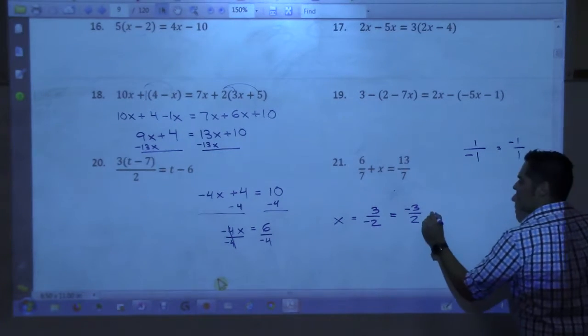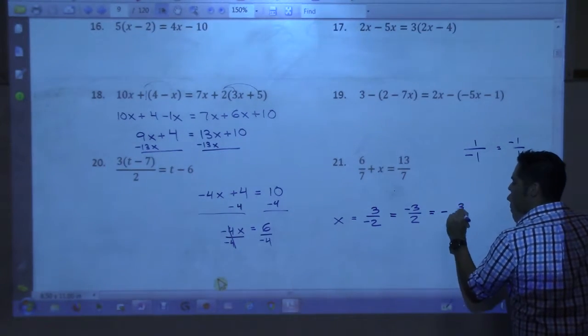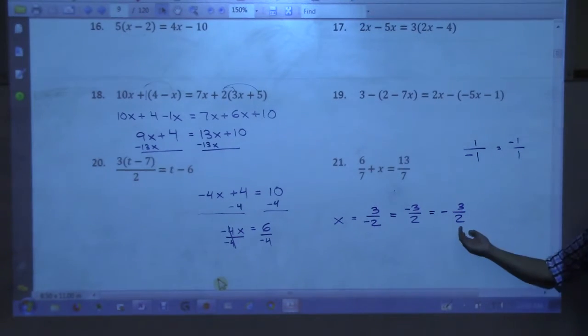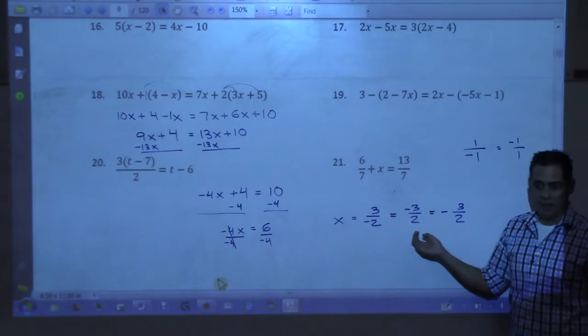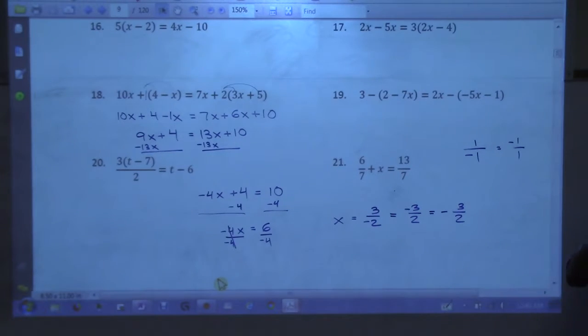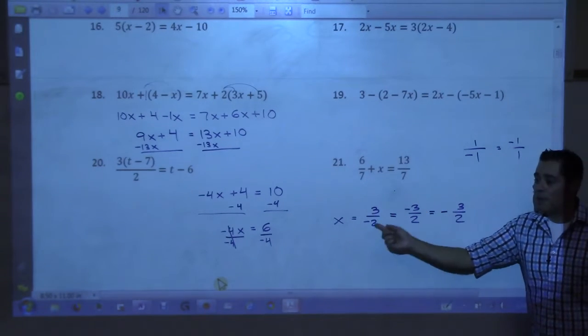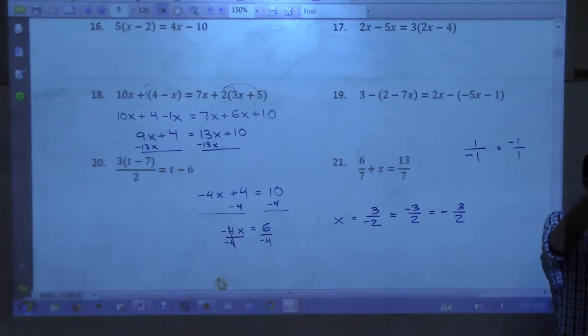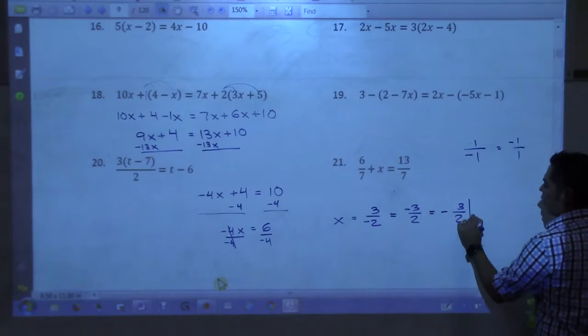And in fact, you can put your negative out in front of the fraction, and all three of these are correct, and they're the same thing. I'm just showing you that because as we move through this class, I might get a negative on the top or the bottom, and you might see me move it somewhere. It's because I can. It's legal. It's allowed. So the answer to number 18 is negative 3/2.